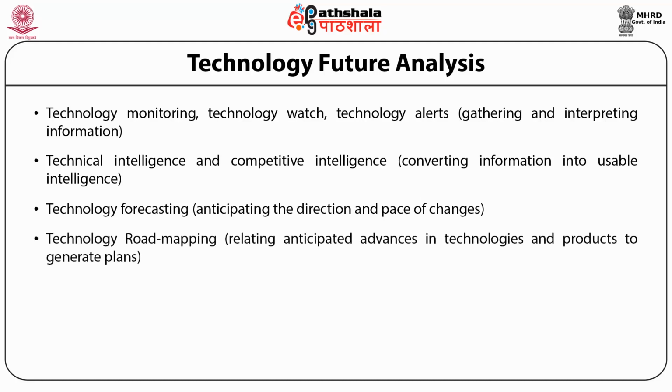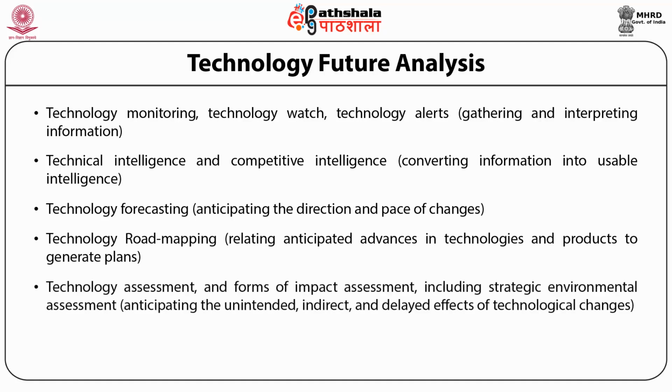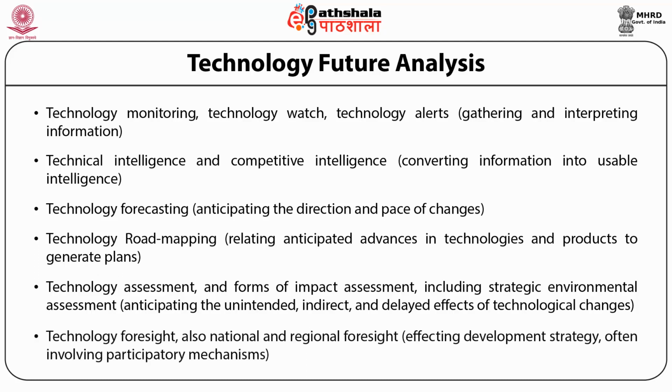Technology assessment and forms of impact assessment, including strategic environmental assessment, helps to anticipate the unintended, indirect, and delayed effects of technological changes. Technology foresight, also national and regional foresight, helps in affecting development strategy, often involving participatory mechanisms.